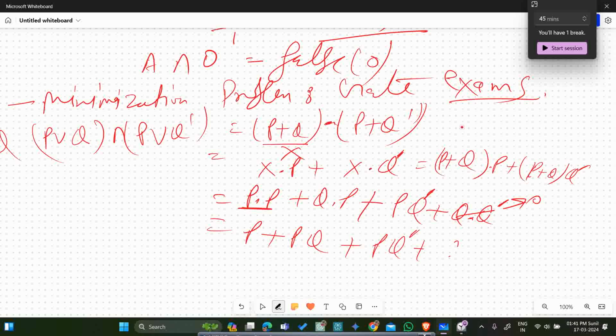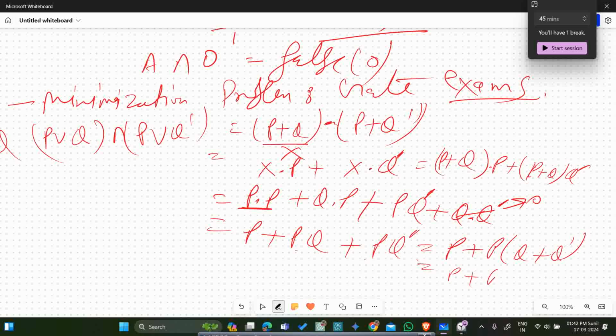This is P plus Q, P plus Q. We can do it like that also. We can take P common from here, or we can say like this, P plus Q plus Q bar. So first is P plus P, then Q plus Q bar. This is all complement law.